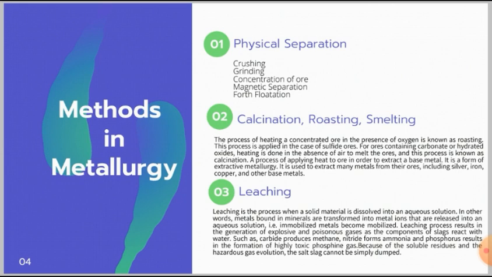Regardless of the type, some common features of metallurgical operations include physical separation, calcination, roasting, smelting, and leaching.